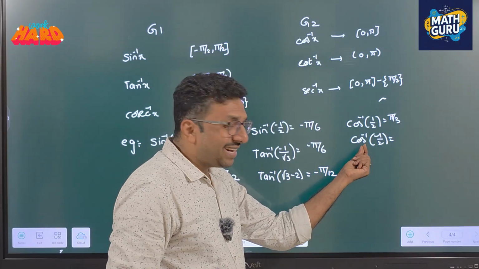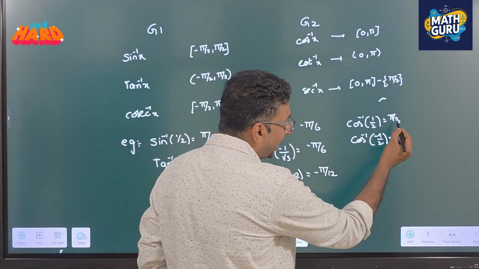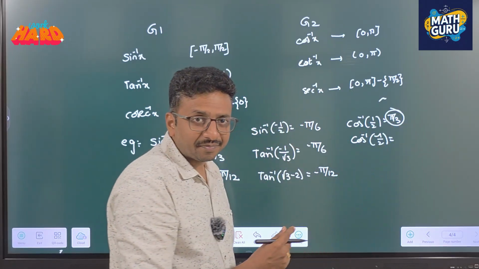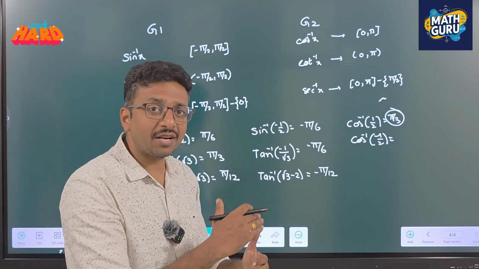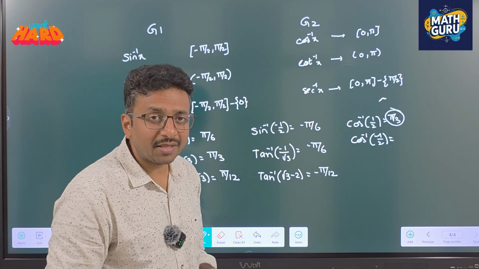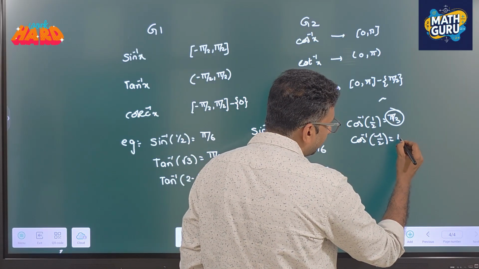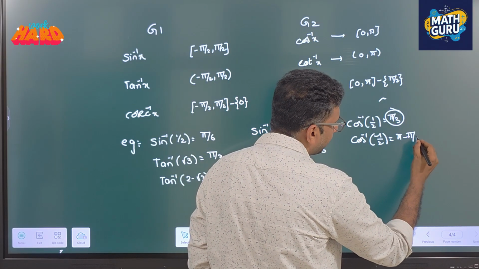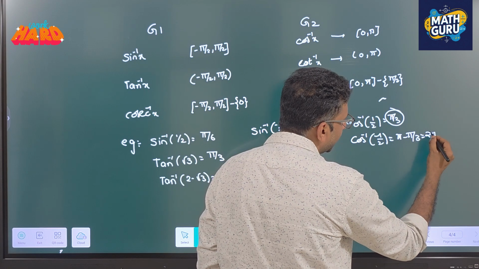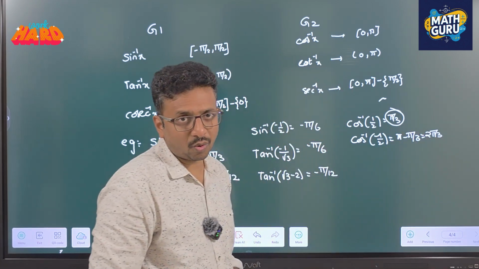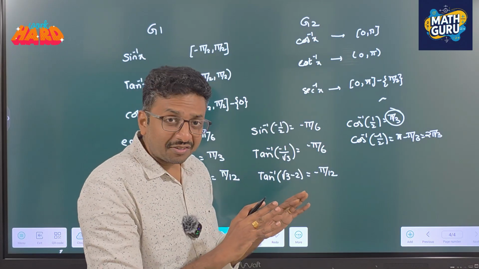So when negative numbers go inside, you are going to get an allied position of pi by 3 in the second quadrant. What is the allied position of pi by 3 in the second quadrant? Pi minus pi by 3, which is 2 pi by 3, in the second quadrant. So I hope you are trying to follow this.